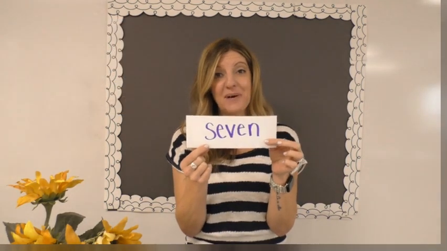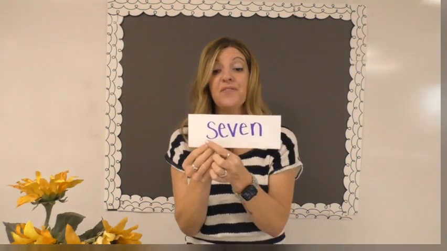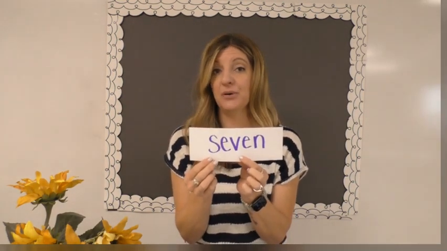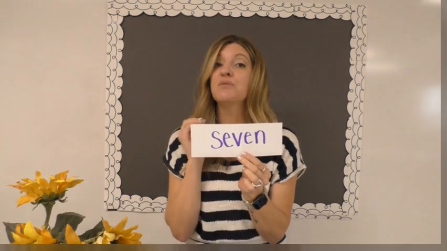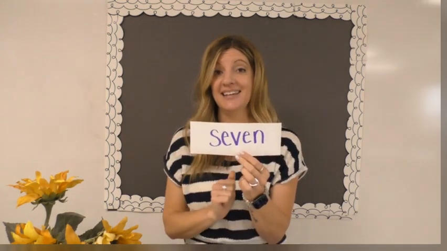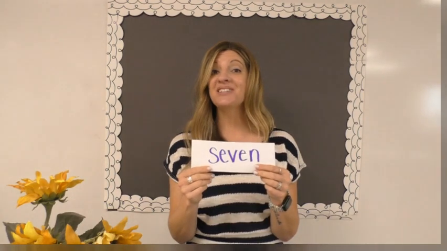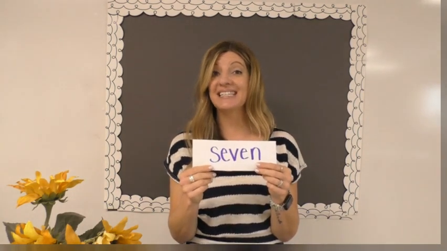So this syllable pattern happens when the first syllable is the stressed syllable. That means I say it with more emphasis than the second. And I have a little trick for this. It's called the call your dog trick. When we call our dog, we often stress the first syllable.